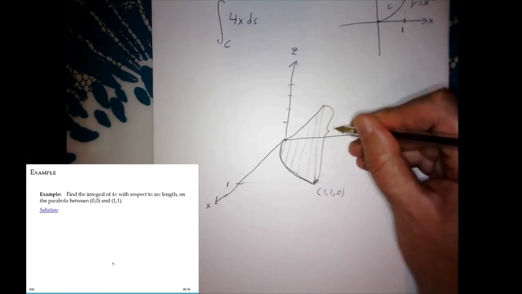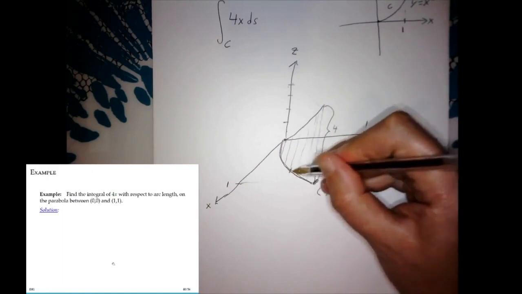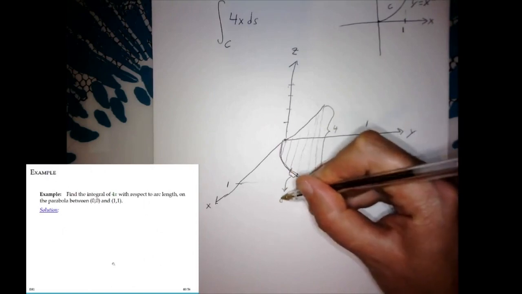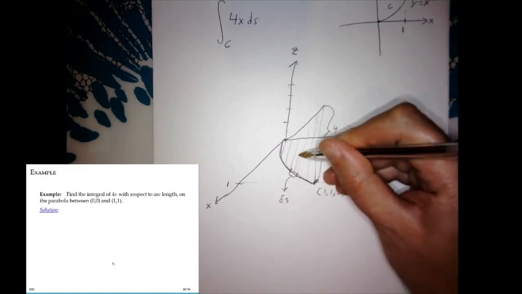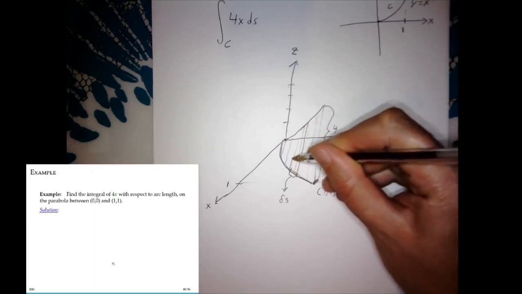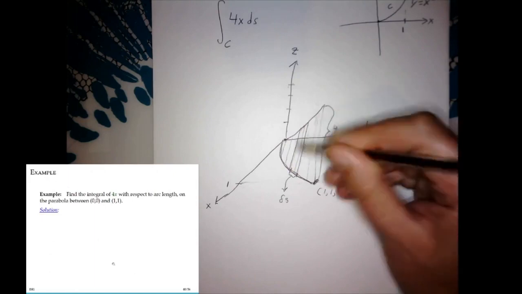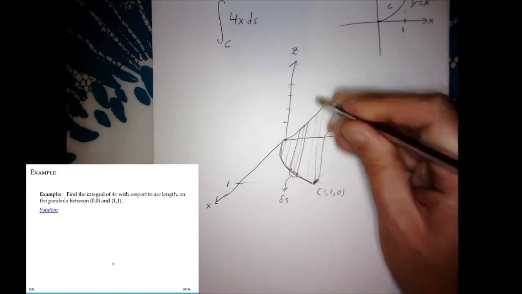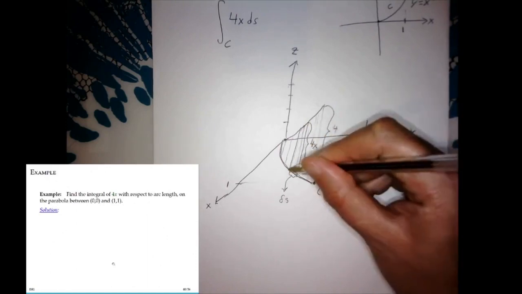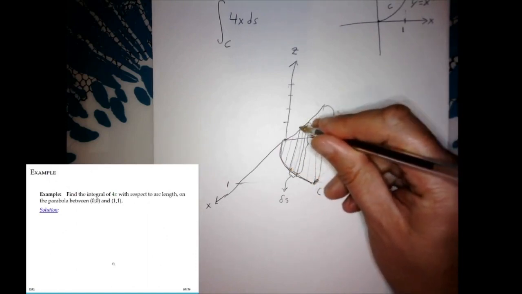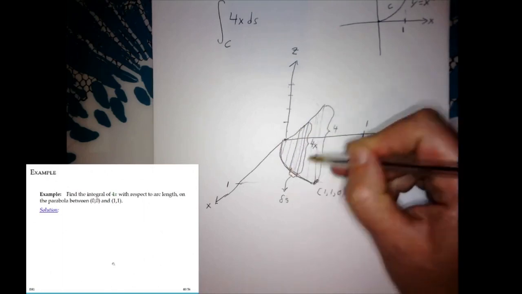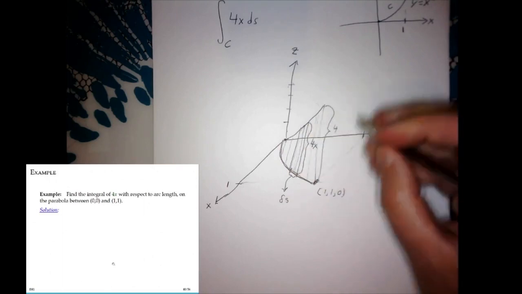So if we take one little segment of this, say this little segment with length delta s, the height here is going to be approximately 4x. So if we take a given point along the curve, it's going to be height 4x. And so this part of the surface has area approximately given by delta s times 4x, its height.